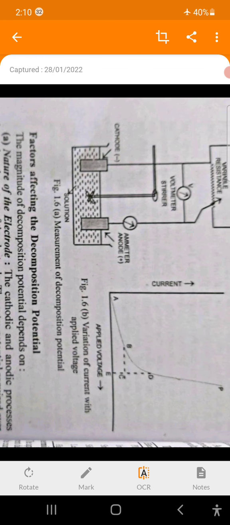The experimental determination of decomposition potential for any electrolyte solution using two electrodes. That experimental setup is shown here in the figure.